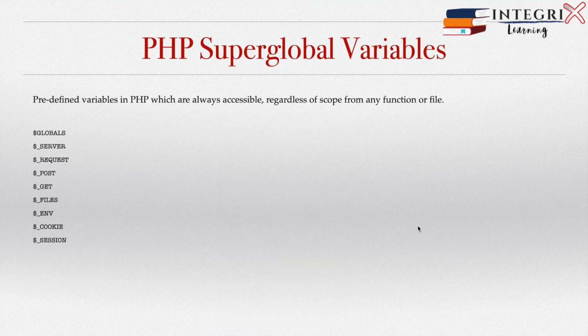Then there are some super global variables in PHP. When you send a form using the get method and it goes to the page specified in the action attribute, it goes as name and value pairs that can be accessed via the $_GET super global variable as an associative array.